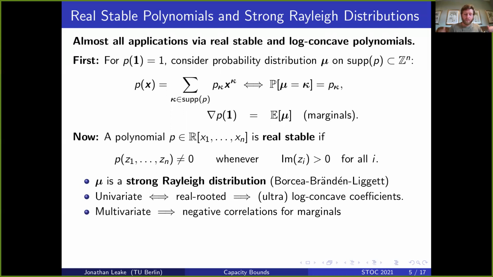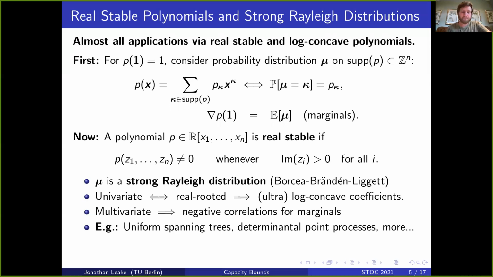And you can think of this as a concavity type statement, because for positive correlations, you think of it as more of a convexity type statement. There's a lot of very interesting things here that I won't have time to talk about, but you should think of this as a log concavity type statement.